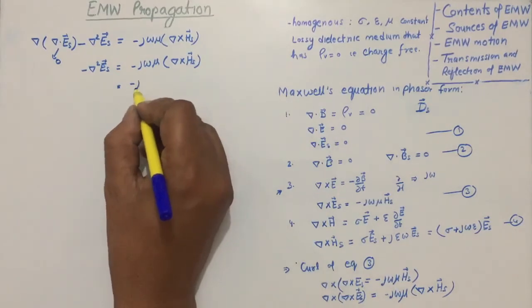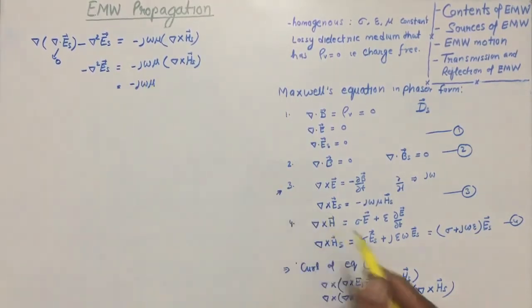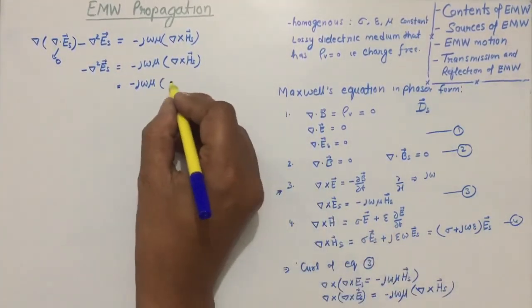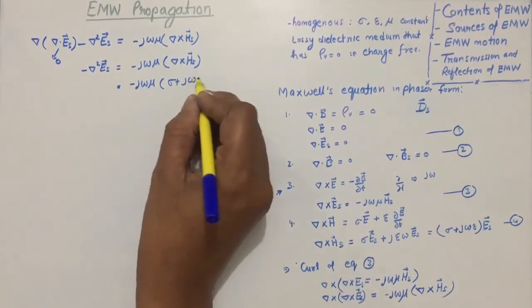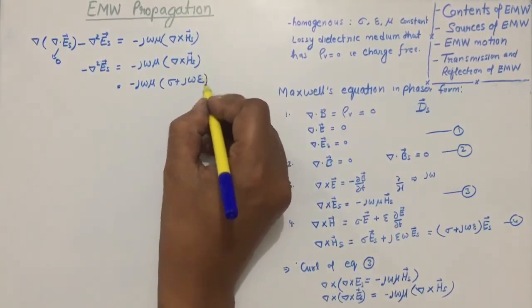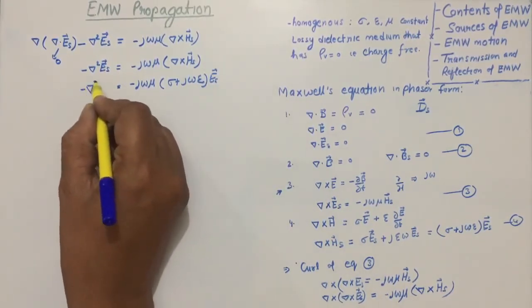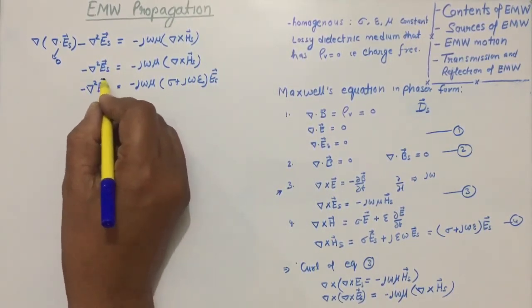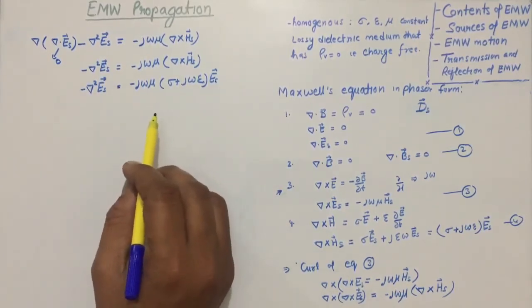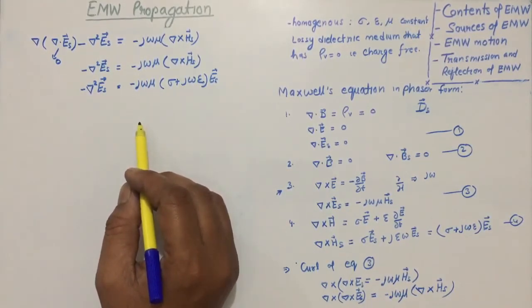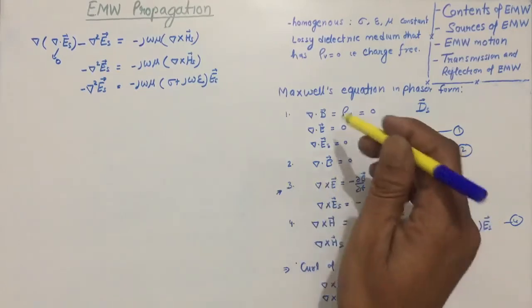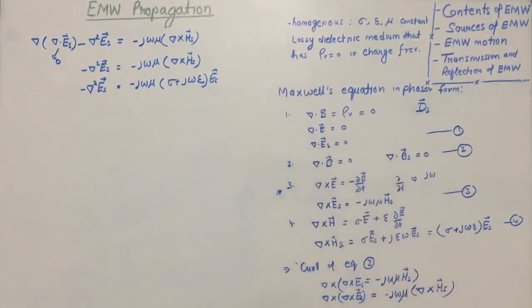We can write minus j omega mu, it will be sigma plus j omega epsilon Es, that is minus del square Es. This is the final phasor form simplified from Maxwell's equations.